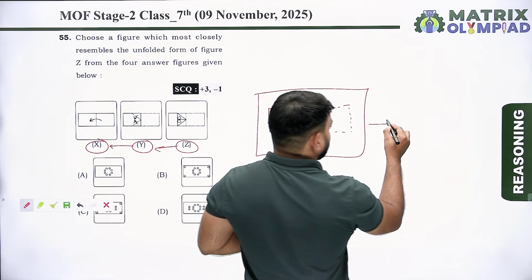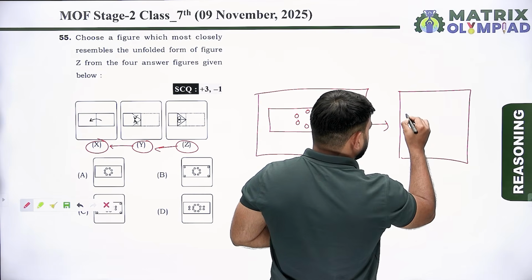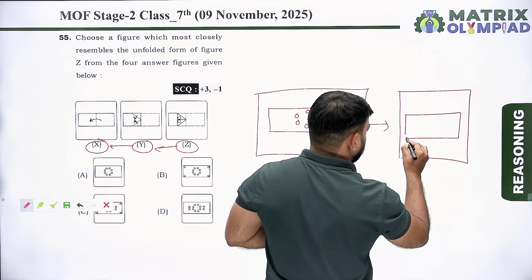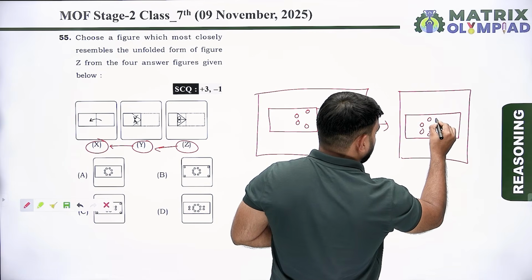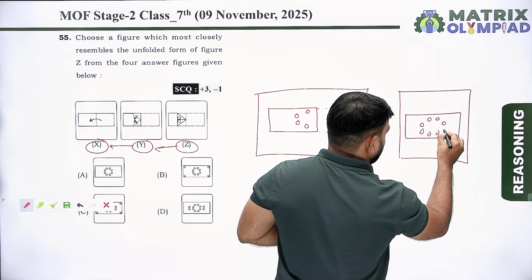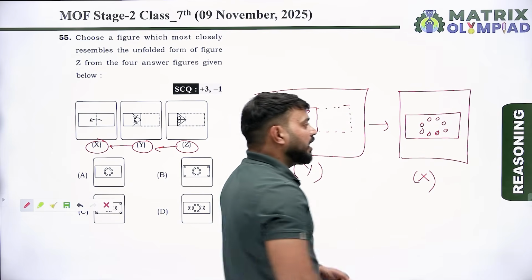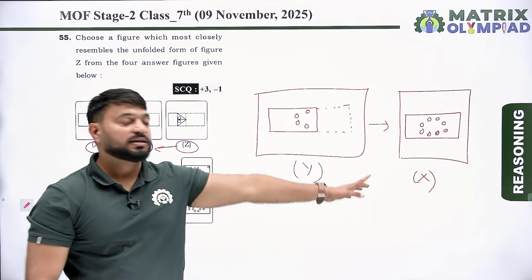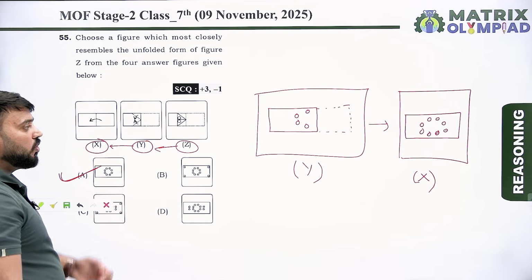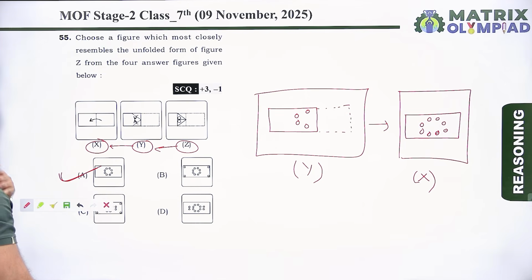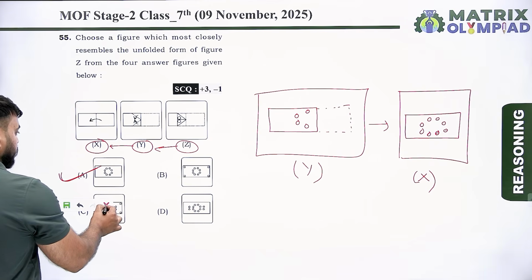Now unfold the Y, then we get an image something like this. This is the correct unfolded sheet after cut. So here option A is the correct answer of this question because option A shows the correct unfolded sheet after cut. Let's move on to the next question.